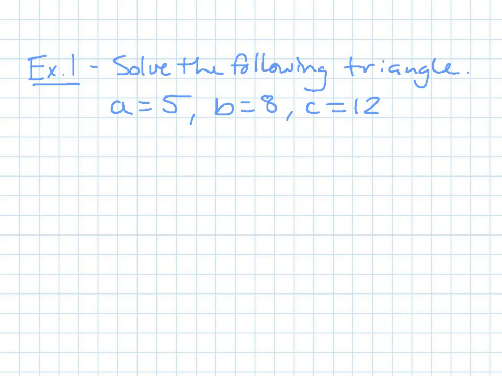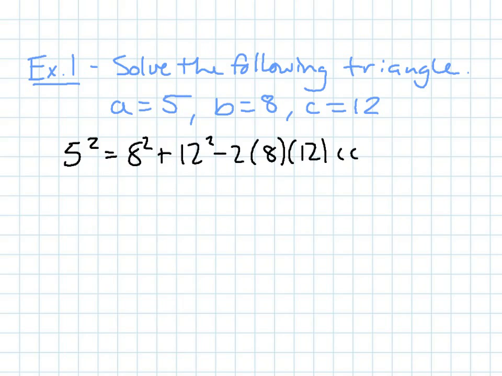So using my law of cosines, and it doesn't matter which one you start with, let's say I want to find angle A. So 5 squared equals 8 squared plus 12 squared minus 2 times 8 times 12 times the cosine of that angle, so angle A. So here 25 equals 64 plus 144 minus 2 times 8 times 12 gives me 192 cosine of A.